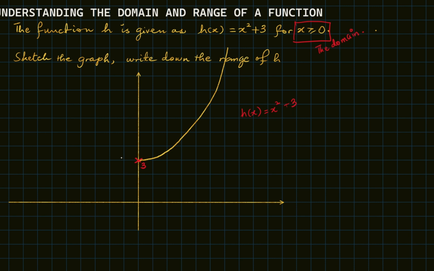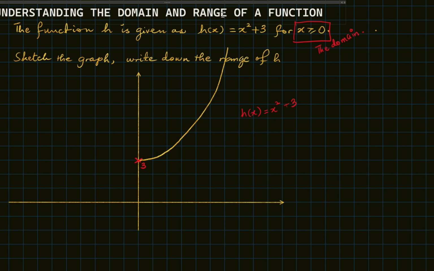So the only thing we have is this arm of the graph, which only confirms the domain. The domain is from x equals 0 up to infinity, if you like, as it continues to move towards the right. However, it does not affect the range.